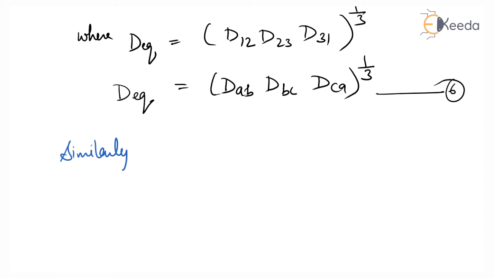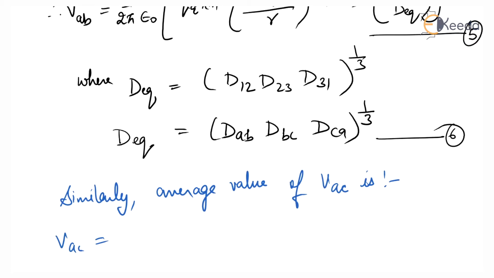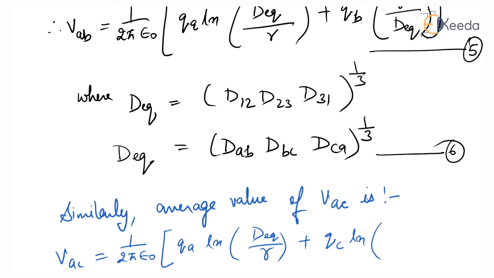Similarly, the average value of VAC is equal to 1 upon 2 pi epsilon naught, so from A to C, this is QA only, log D equivalent by R plus, in place of QB it is QC, log R by D equivalent. This is equation number 7.